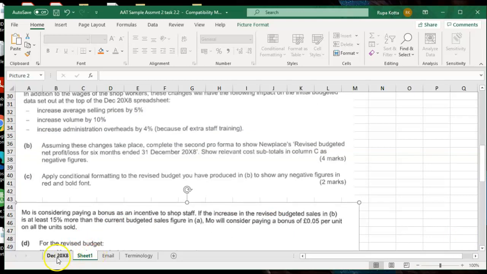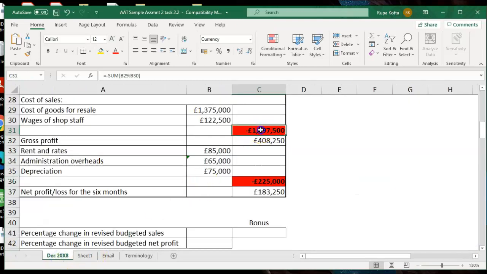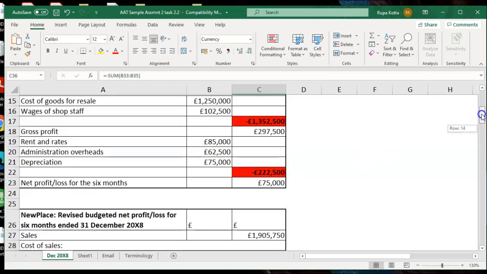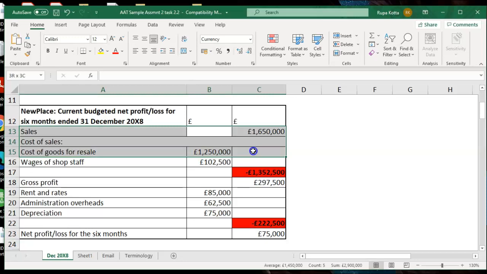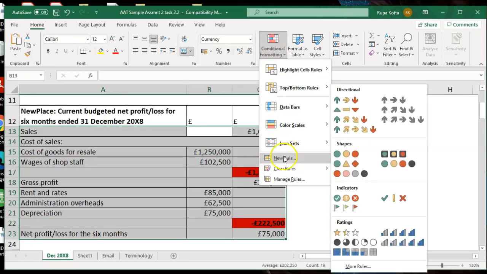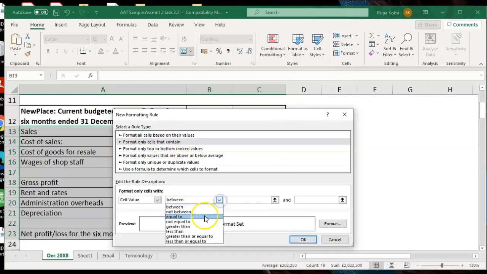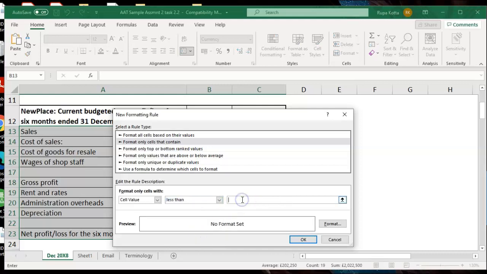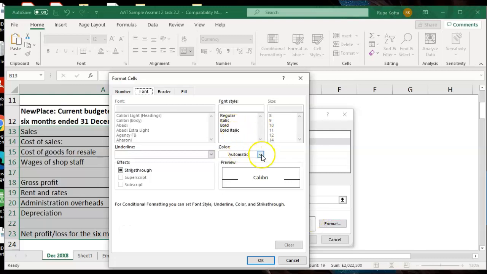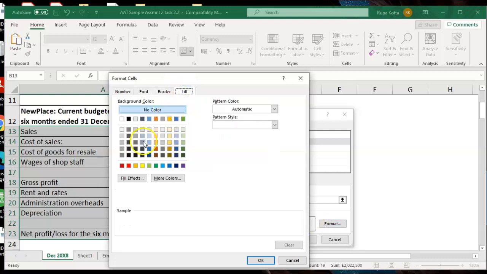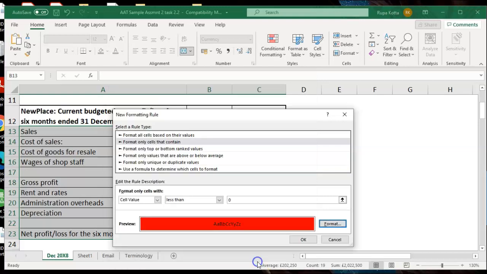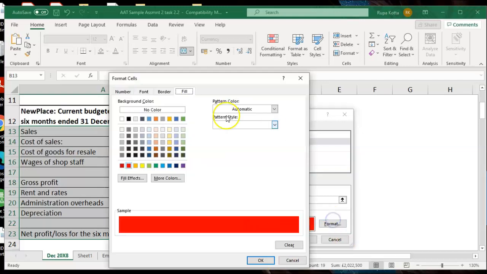I think I might have done this somewhere sometime before, so you can see they're coming in red and bold font already. But if you are not getting it, just highlight the cells, conditional formatting, new rule, values that contain less than 0 because they are negative, red fill and bold font.